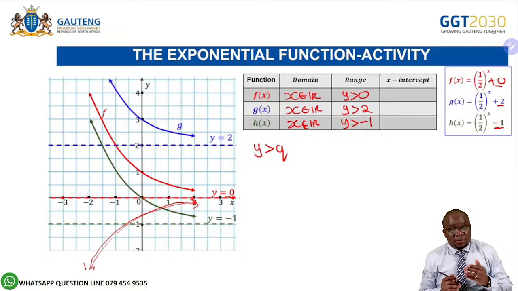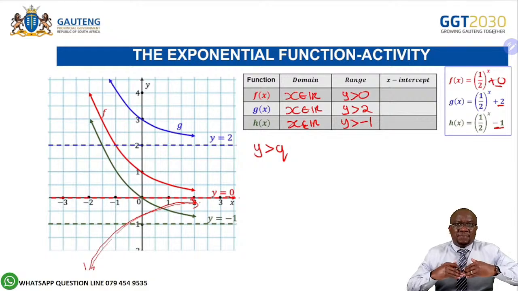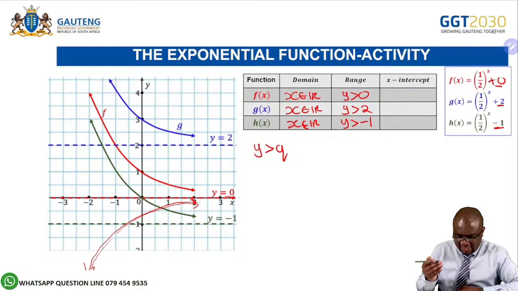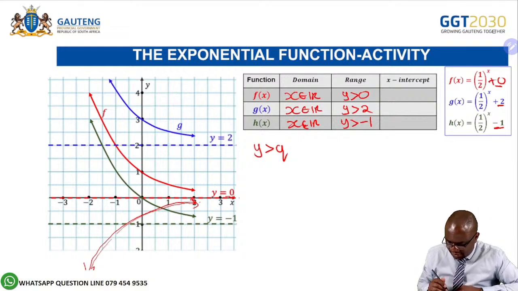We cannot do this in one lesson, so we just concentrated on these ones where the range is above the x-axis, or above the asymptote in this case. We can have another lesson later for this other reflection.